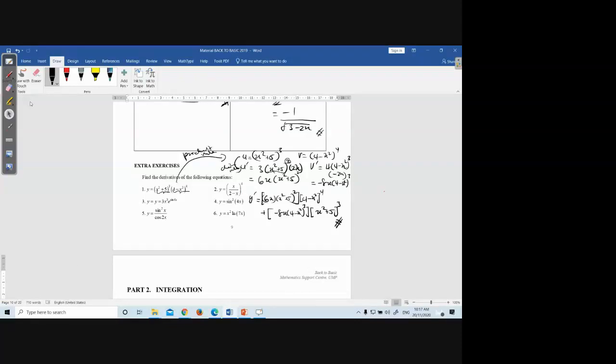Okay, what about question 3? What is the technique? Product. Product, okay. Chain, same as before. So what is u prime?